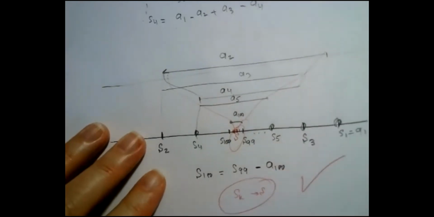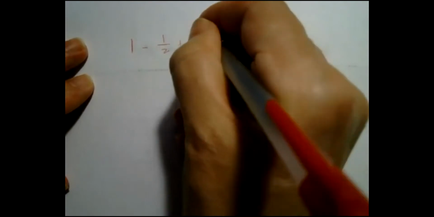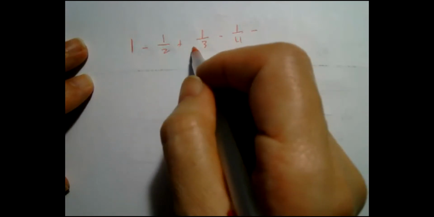And I want you to notice one thing and then we let go. Watch very carefully the difference here. This alternating series converges because we add, we take away, then we add, and the terms we're adding are getting smaller and heading towards 0. So this one converges.